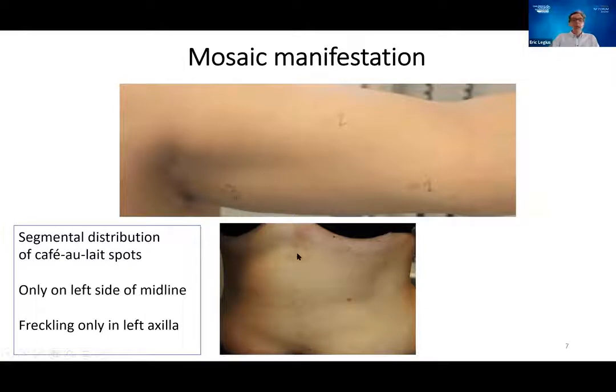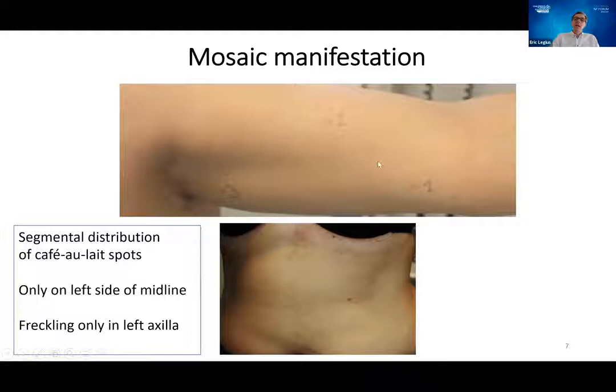As you can see here in this adult female, you see this nice line at the middle of the abdomen. And on the left side of the abdomen, you see all pigmentary abnormalities like café au lait spots and freckles. And on the right side, there is nothing to see. So all pigmentary abnormalities in this person were only on the left side of the body. This is the left arm.